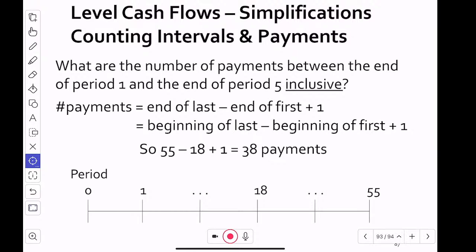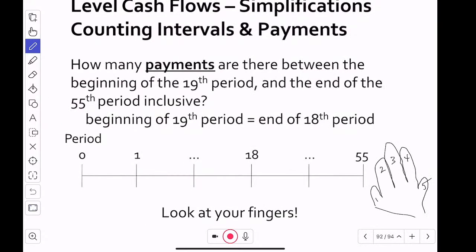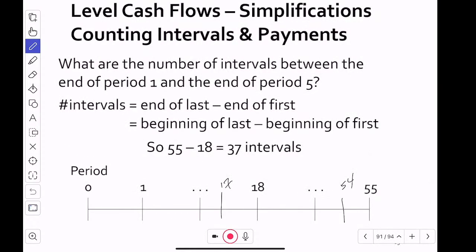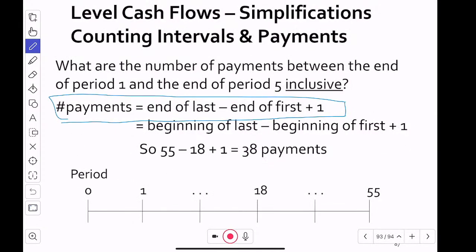So we have the general formula. I'll just put it like this, but it also applies as long as you go from end to end or beginning to beginning. I'm not going to talk about this until a later point. This is going to come up again, but you need to remember this trick.